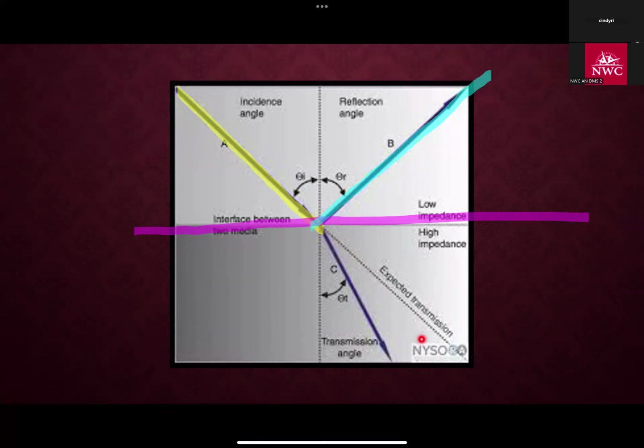And this would have happened. There would have been no change from the incident angle to the transmitted angle, right? So these two would have been equal. The incident angle would have been equal to the transmitted angle.